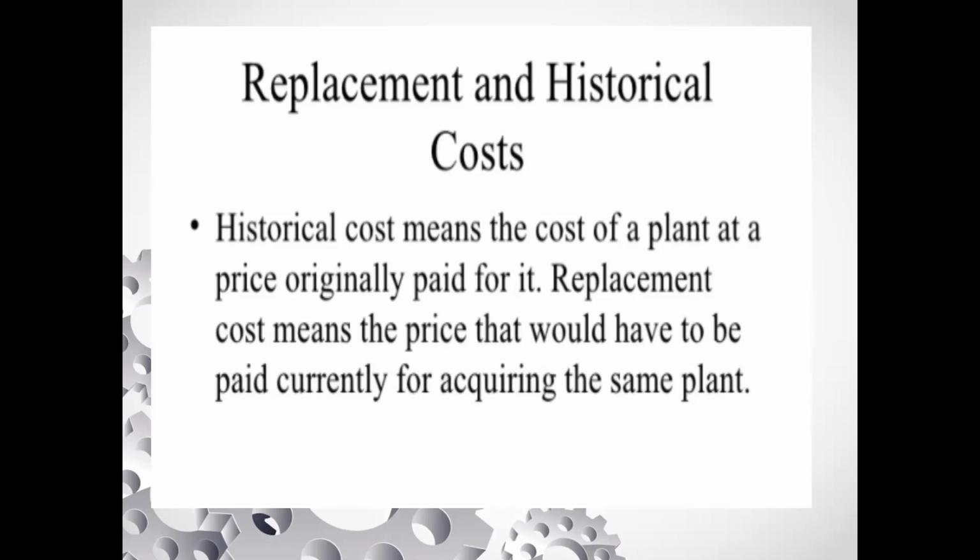The replacement cost is nothing but, when you sell the machinery, we cannot get back the same amount that I invested, but by calculating the depreciation, you decide the actual cost of the machinery.